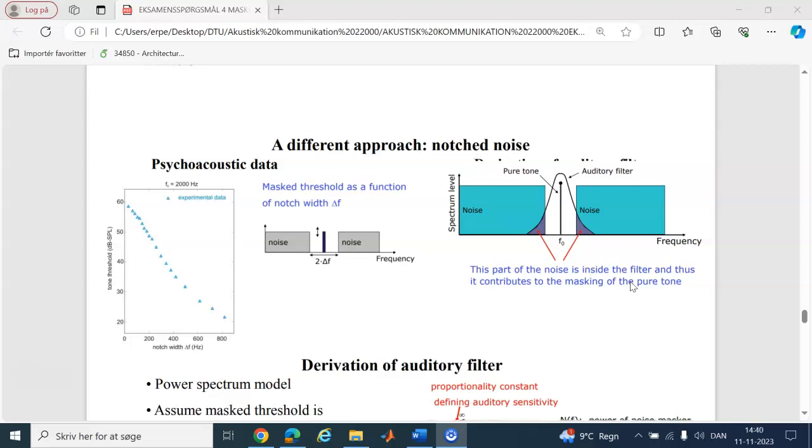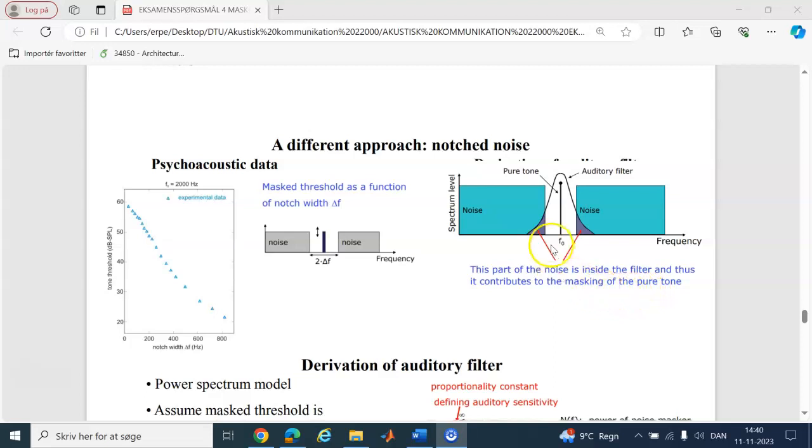So that means we have a noise part and this Gaussian signal. The part of the noise inside the filter contributes to the masking of the pure tone.